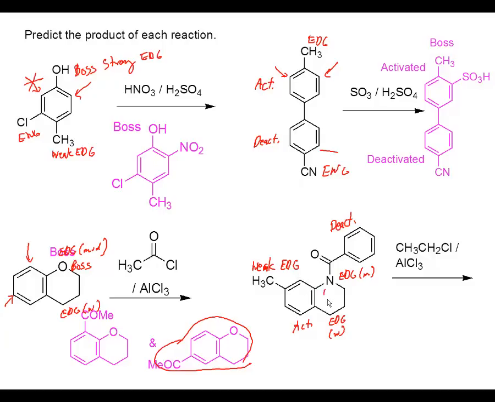So this is our Boss substituent, and we're expecting any new group to go here. So the product of this Friedel-Crafts alkylation is expected to be this ethyl methyl benzene derivative shown here.